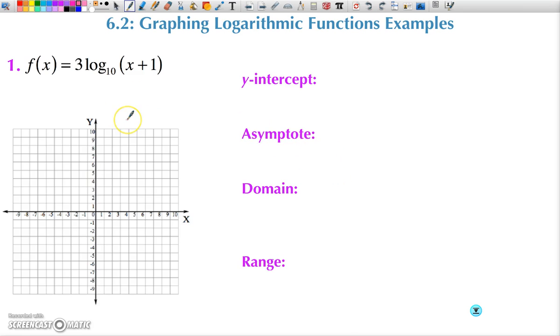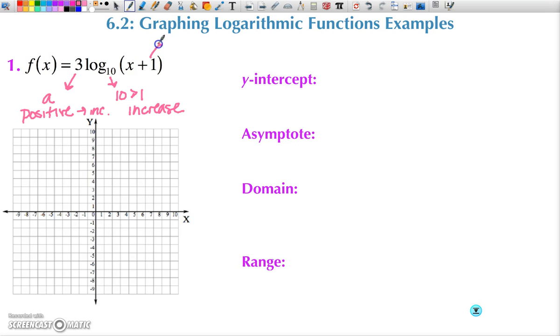So let's start with first identifying our a term. So our a is 3, which means since it's positive, it's going to increase. Then we move into our b term. Our b term is 10, and 10 is greater than 1, and so that sticks with the fact that it's going to increase, so that's good.